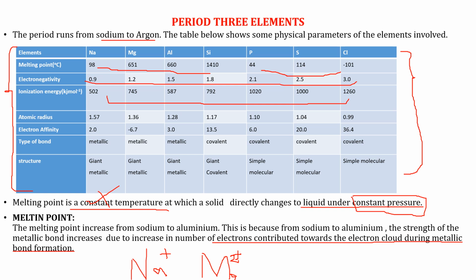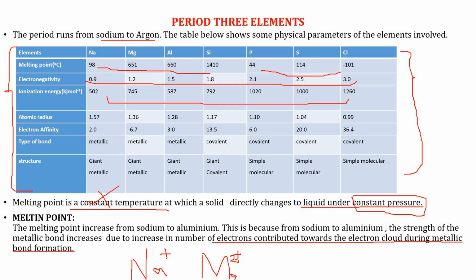So there are two reasons why melting points keep on increasing. One of them is due to increase in the number of electrons contributed by each metal for metallic bonding, so that metallic bonds become stronger. And the other reason is because atomic radius is going to be decreasing from sodium to aluminium.